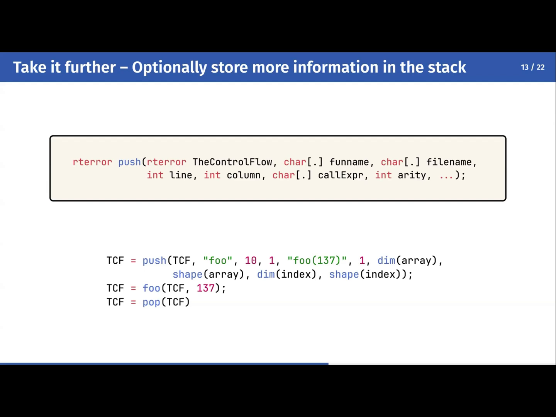Because in theory, you can say, okay, why don't we just push the values of the arguments of functions onto the stack? But that defeats the optimizations again, because then you need to have all the intermediate values. But only pushing the shapes and the dimensionality of the arguments is a really nice middle ground, because these shapes are very often statically known.